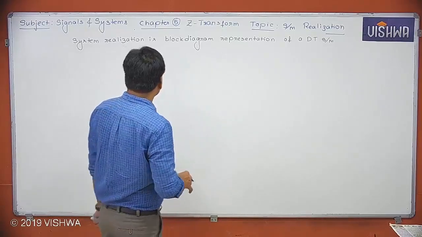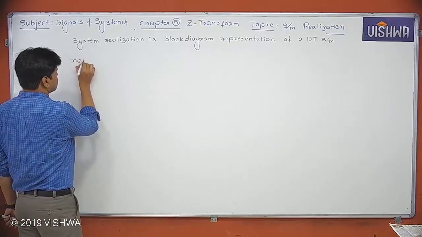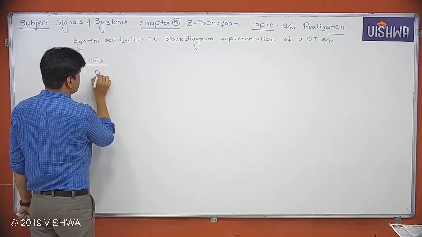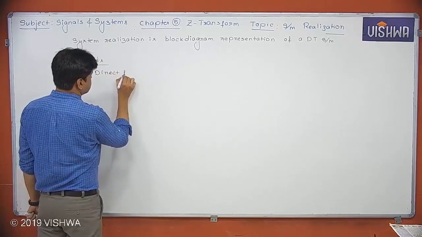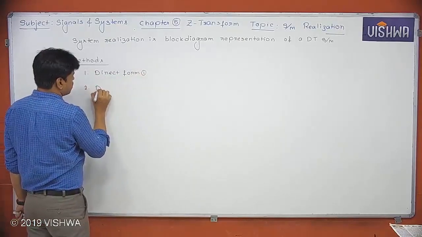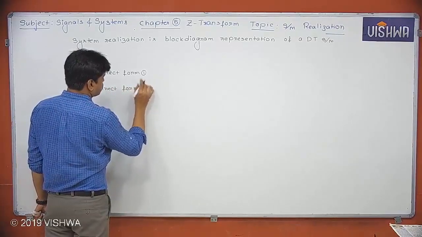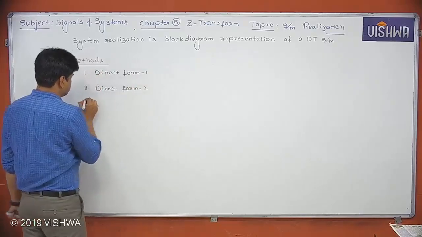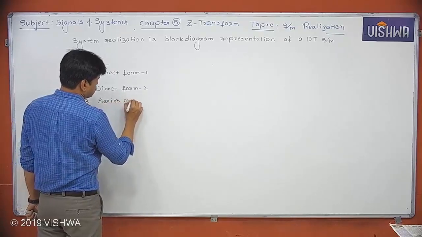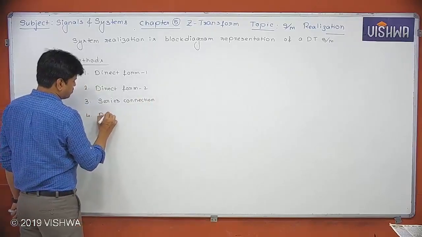Continuous time also has system realization, but in our syllabus we have discrete time. System realization has many techniques. First one, direct form 1; second one, direct form 2; third one, series or cascade connection; fourth one, parallel connection.